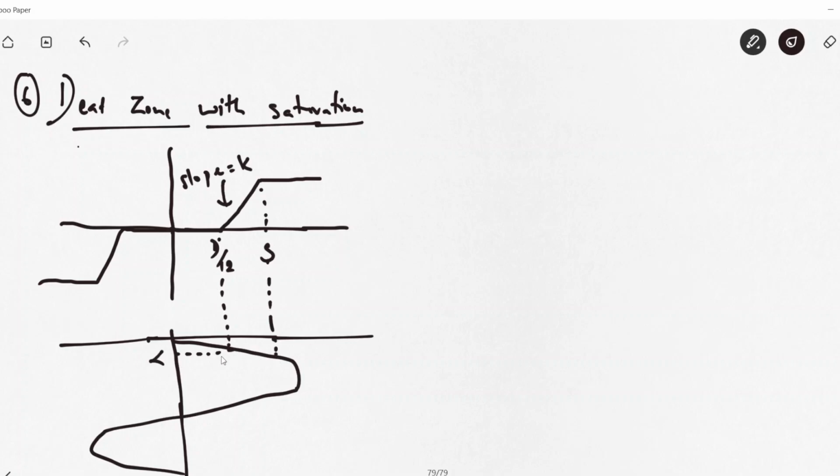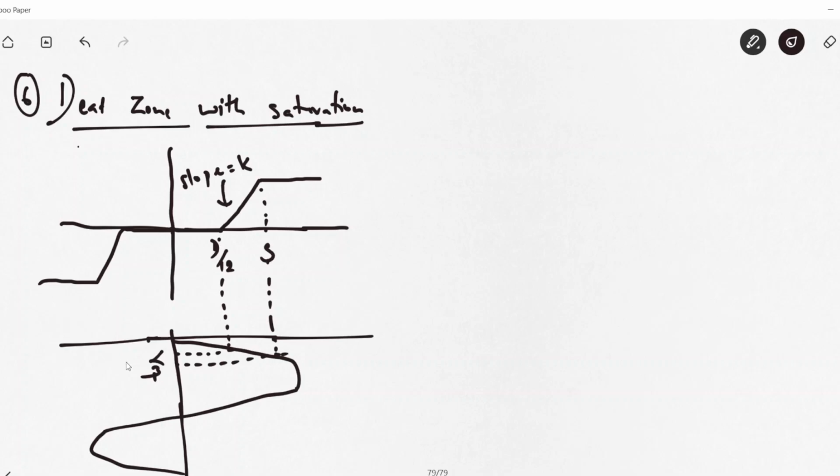Corresponding to this, you will have an angle beta. So alpha will be equal to sine inverse of d by 2 divided by x, while beta will be equal to sine inverse of s divided by x.